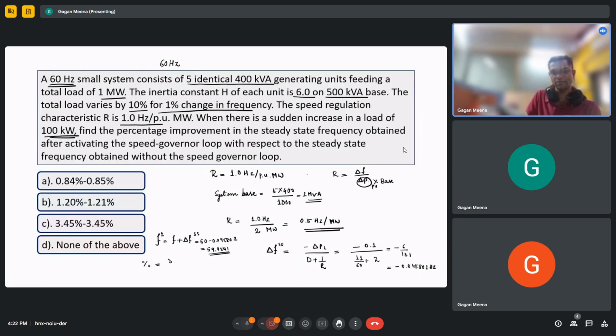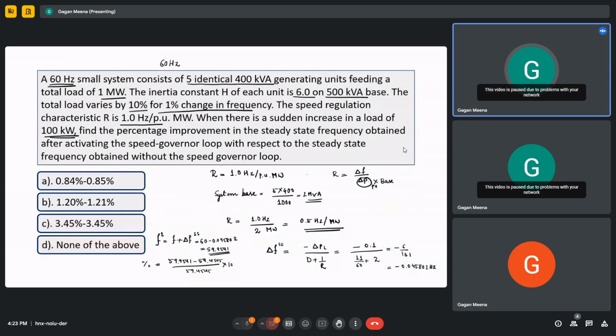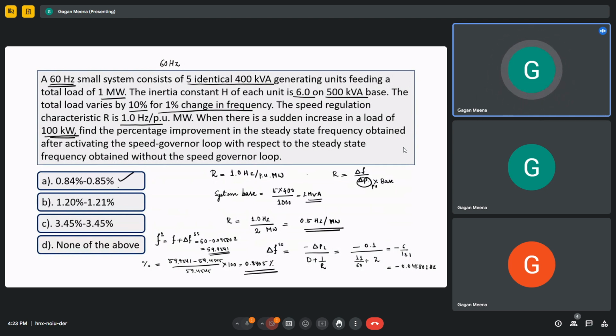It will be 59.9541 minus 59.4545, divided by 59.4545, multiplied by 100. So this is 0.8405%. So answer A is correct here.